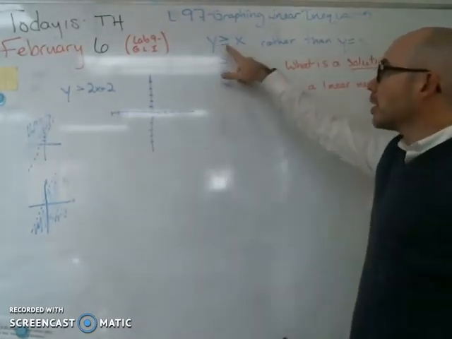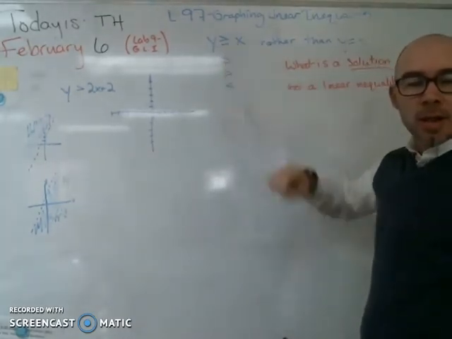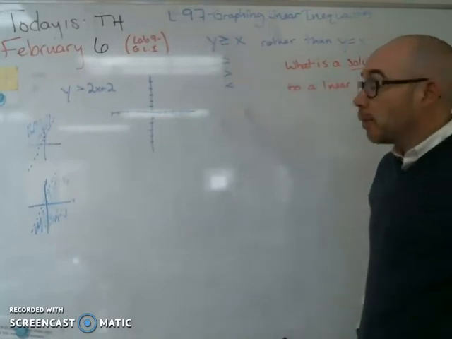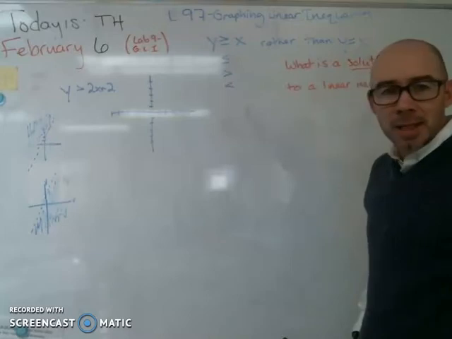But what we have here, instead of an equal sign, is these inequality symbols: greater than or equal to, less than or equal to, greater than, less than.